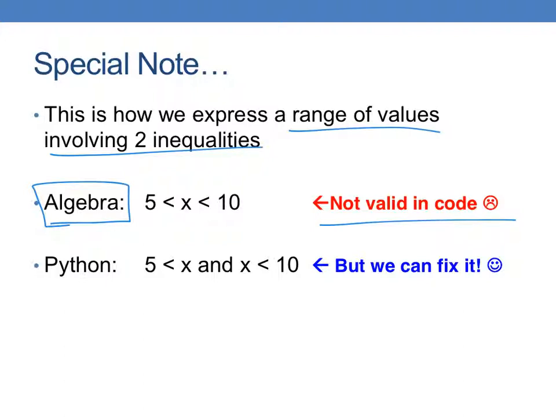But in Python, we can write it as two simple conditionals split using the word and. Notice I still have x on the bigger side of 5, and x on the smaller side of 10. So I'm able to have that range of values using those two inequalities, and I represent that in Python by using that conjunction with the word and.